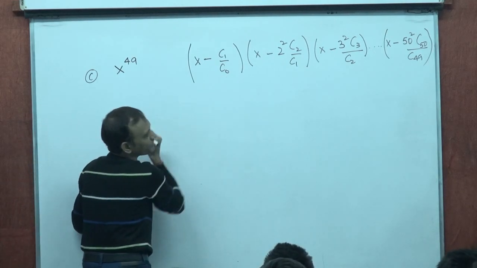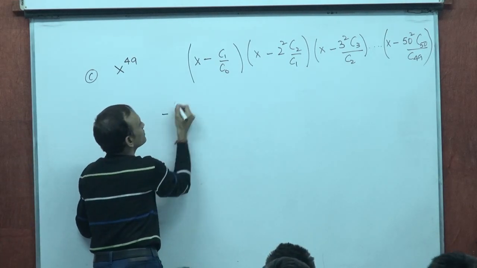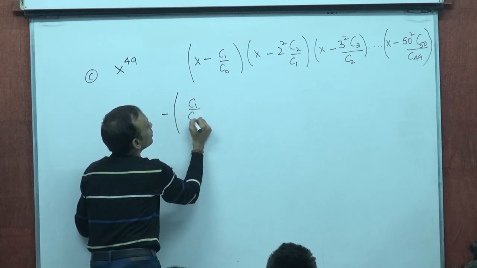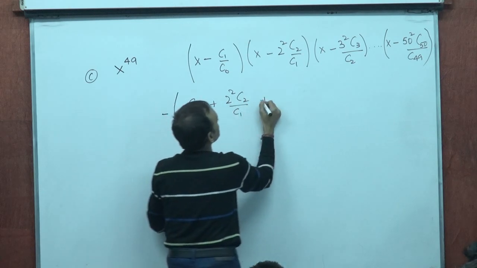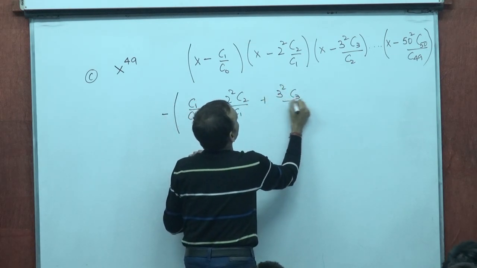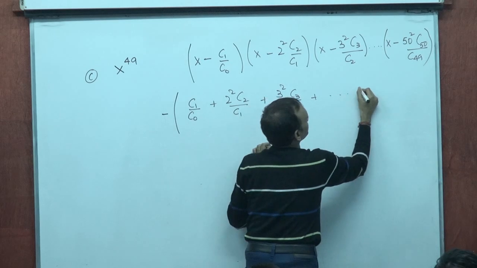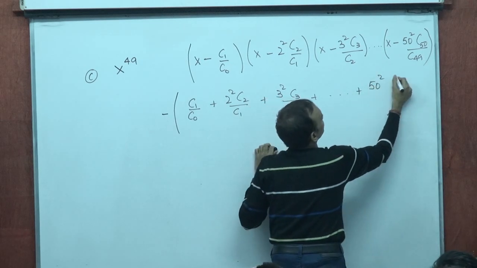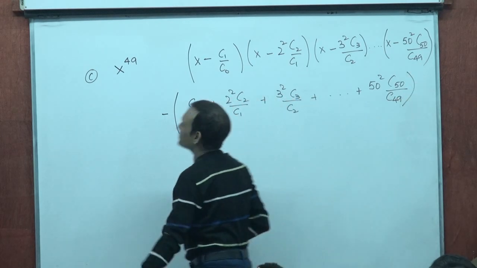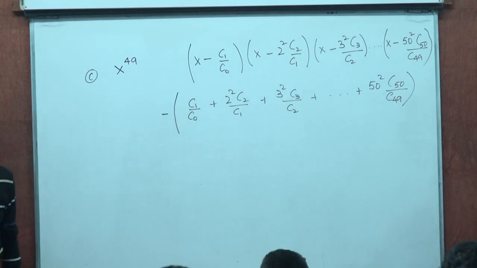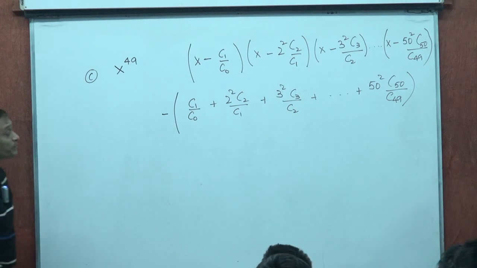Very clearly, the coefficient of x power 49 is going to be minus [C1 by C0 plus 2 squared C2 by C1 plus 3 squared C3 by C2 plus ... plus 50 squared C50 by C49]. That's going to be the coefficient of x power 49, right?